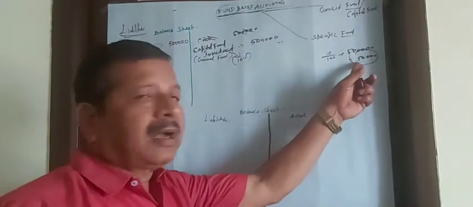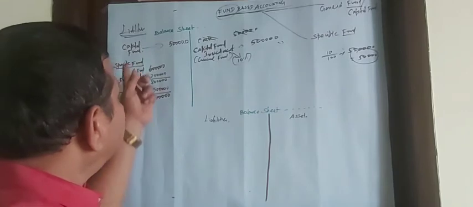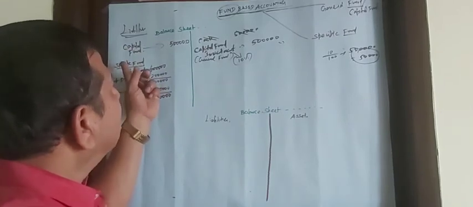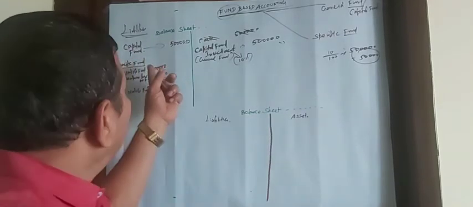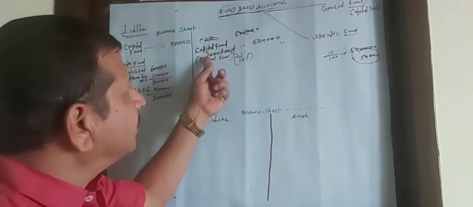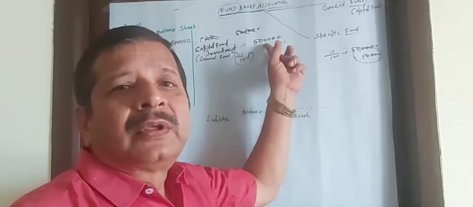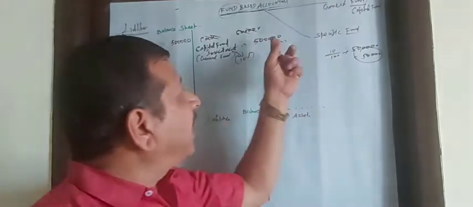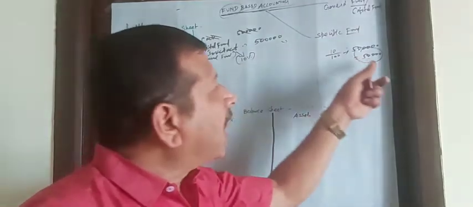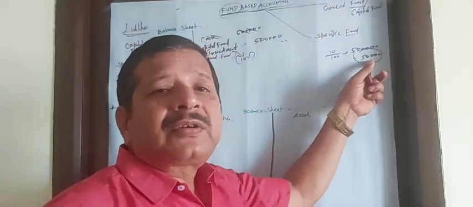This is an income. How has that income come? This capital fund has been invested in the market. 5 lakh rupees we have invested. How much interest have we got?